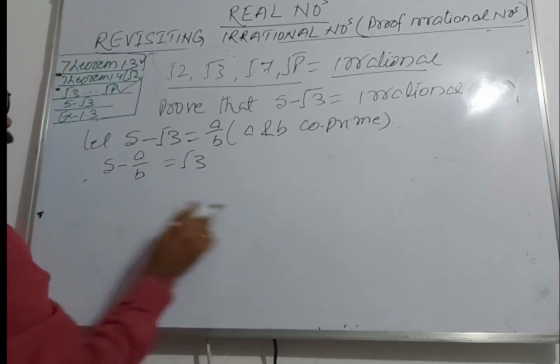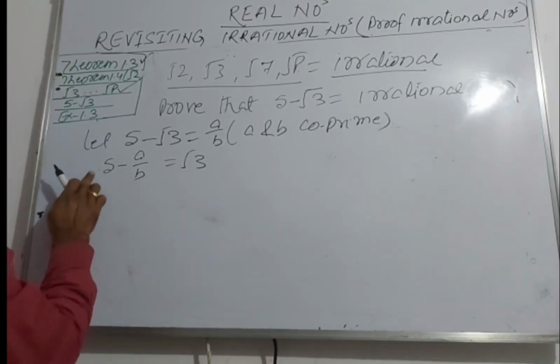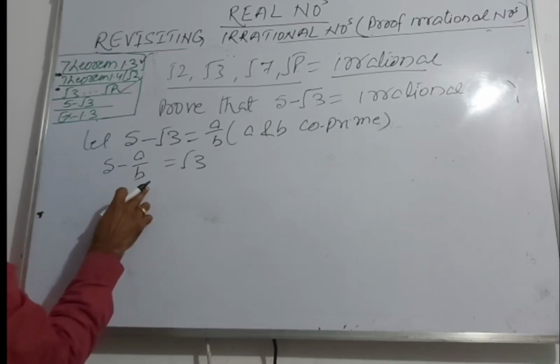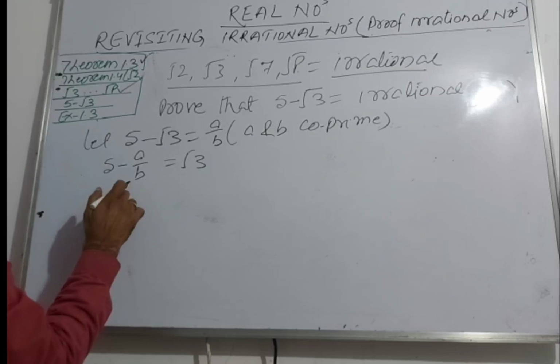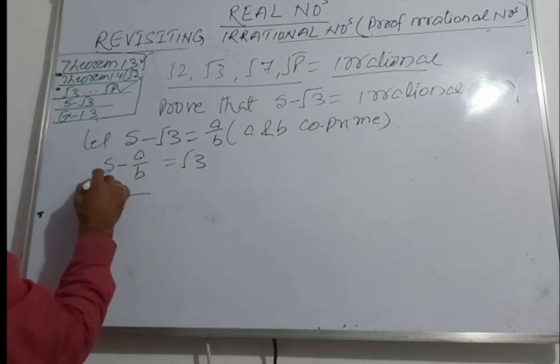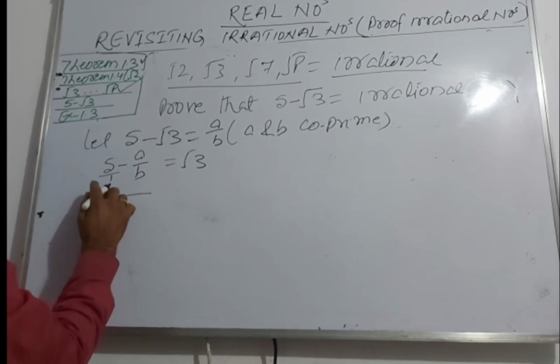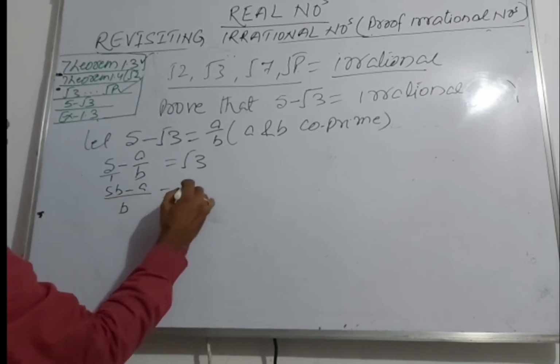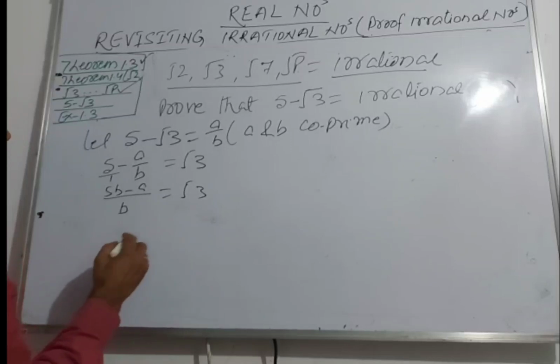Here we can take the LCM of this as b, so this is 5b minus a over b, like this, root 3.